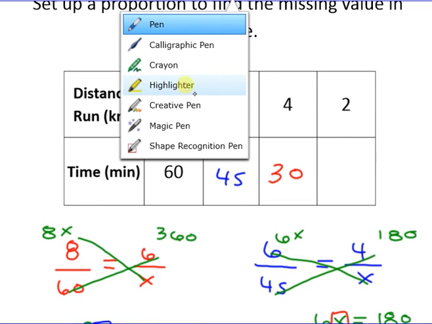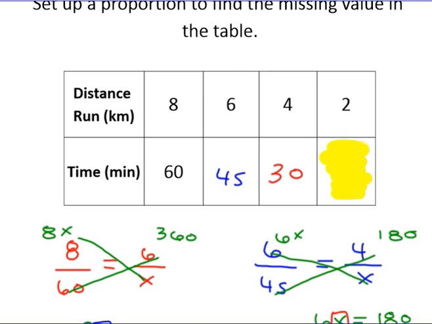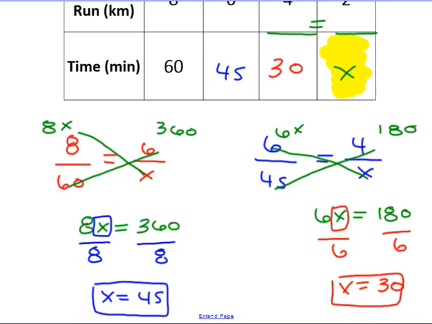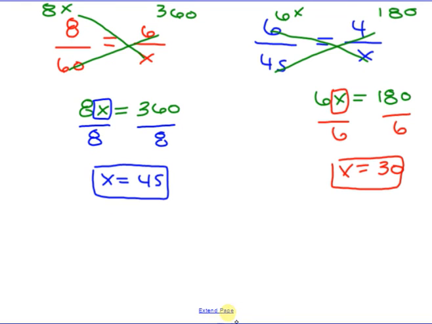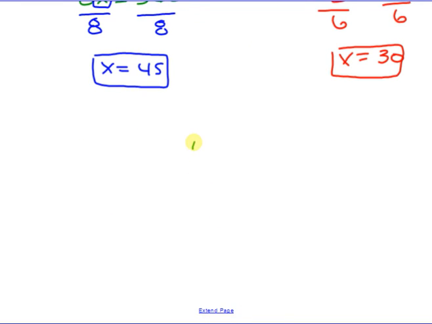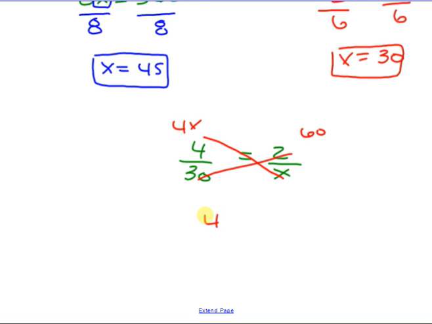Now we're going to focus on this last box right here. So our proportion is going to be 4 over 30 equals 2 over x. So 30 times 2 is 60. 4 times x is 4x. 4x equals 60.